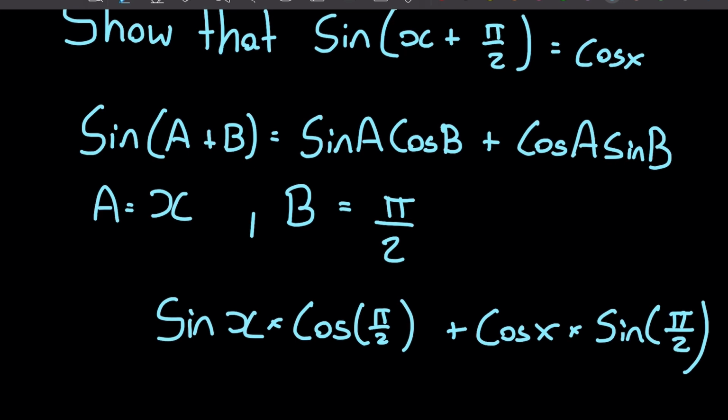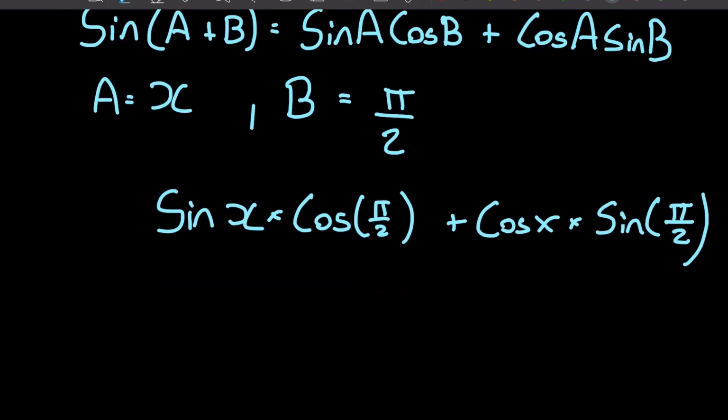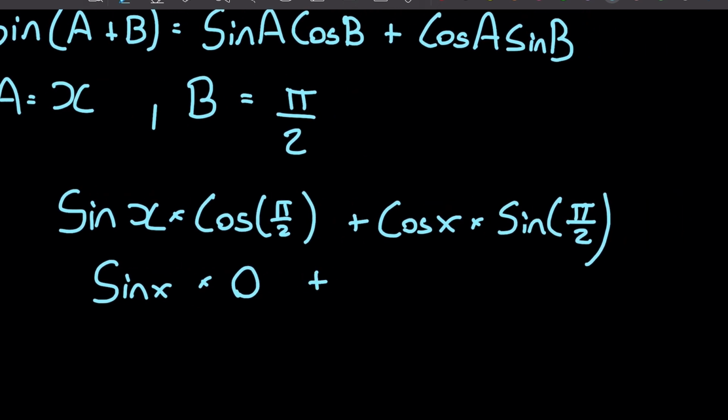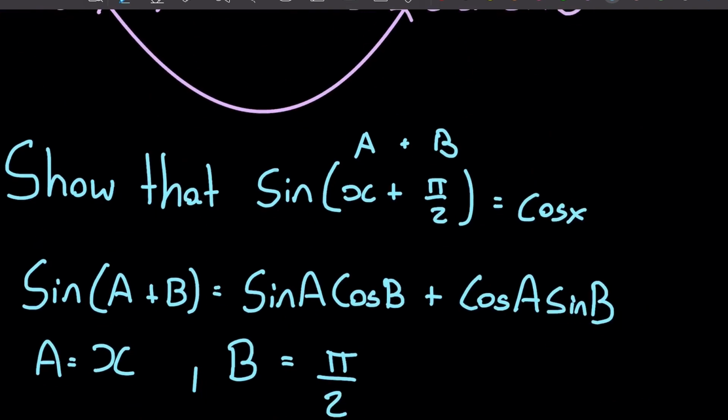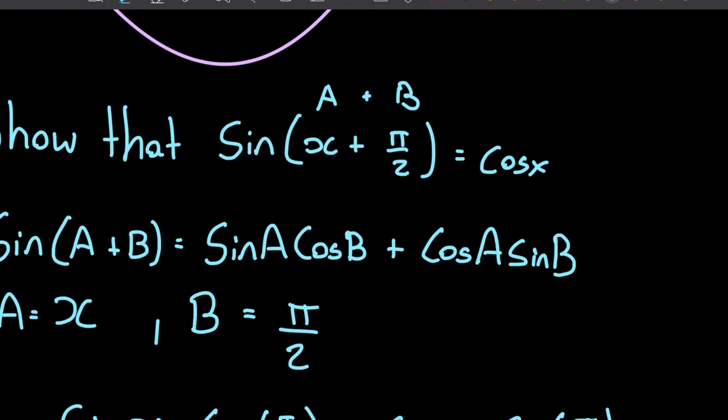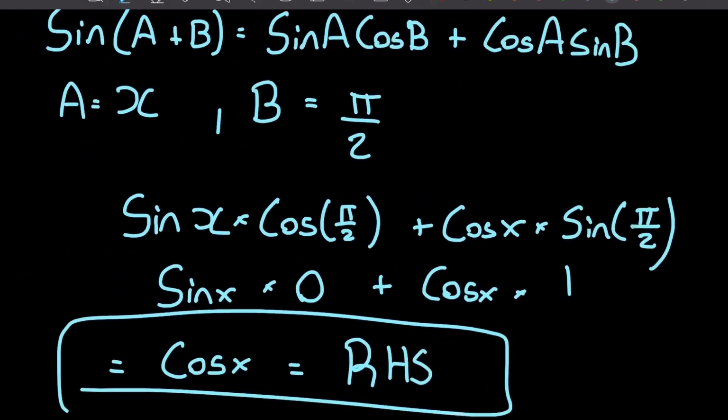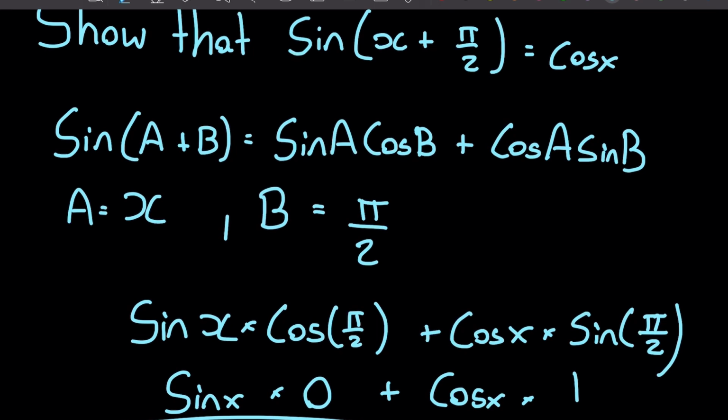Cos pi over 2 is 0, so it'll be sine x times 0, plus cos x times sine of pi over 2, which if you put into your calculator is just equal to 1. So this is equal to cos x, and that's equal to the right hand side, because that's what the question asked us to prove. The question asked us to prove that sine of x plus pi over 2 is equal to cos x, and after using the expansion sine a plus b equals sine a cos b plus cos a sine b, we were able to prove that.